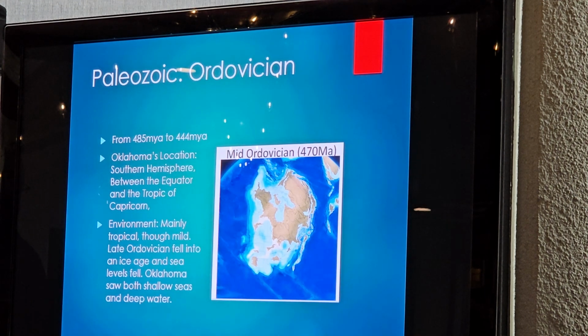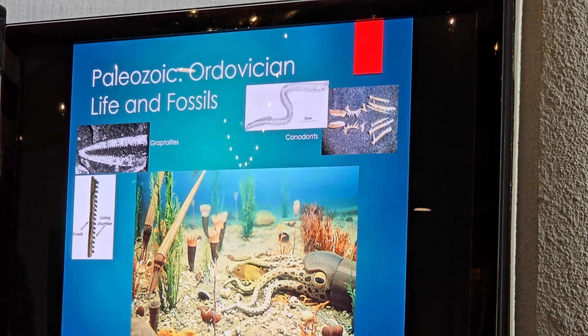So Ordovician, 485 million years ago to 444. Again, mainly tropical. Late Ordovician, we did fall into an ice age and sea levels fell because of it, and there was a large mass extinction event at that point. So see a lot of other weird creatures start to come out. Conodonts, they're still arguing over what it is, but you find those tiny, tiny little jaws.